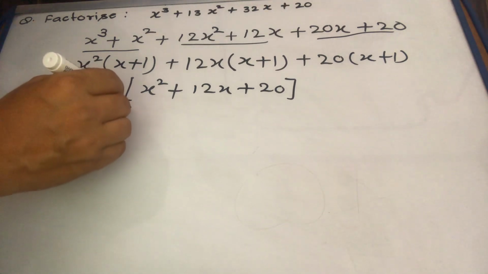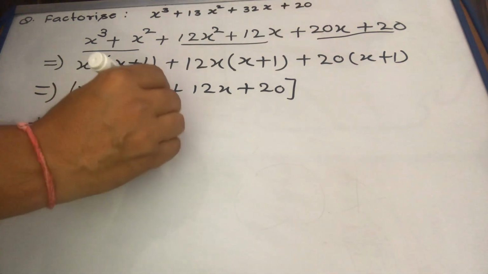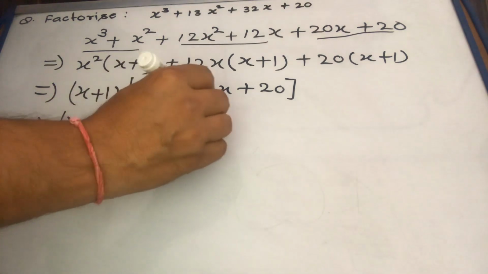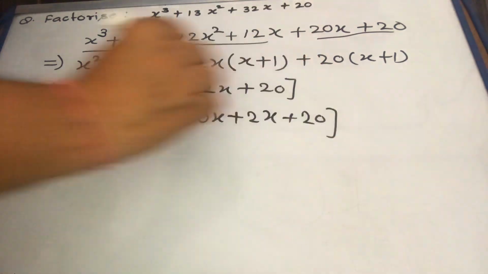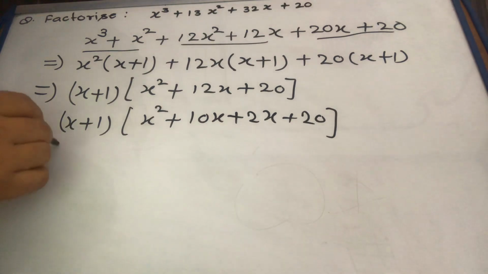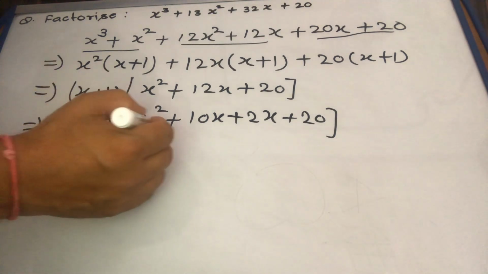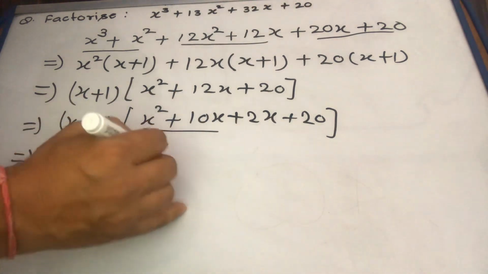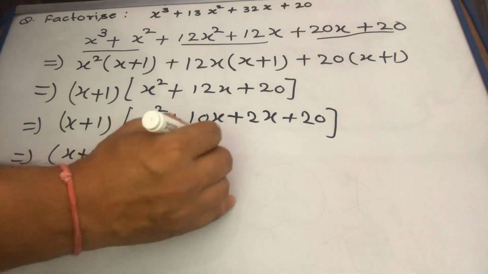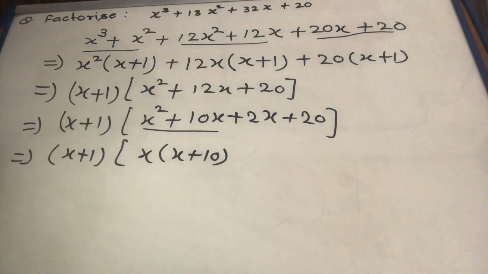So dear, you will write it as x square plus 10x plus 2x plus 20. Now what is common in the second bracket? Common in the first two terms is only x. So this is x plus 10. x is remaining in the first term and 10 is remaining in the second term.